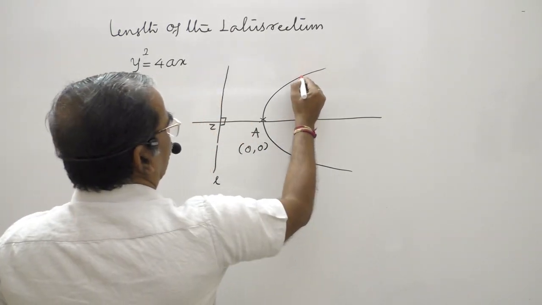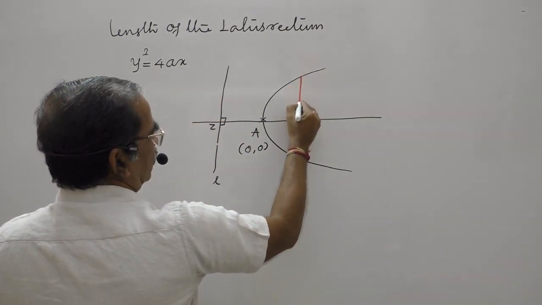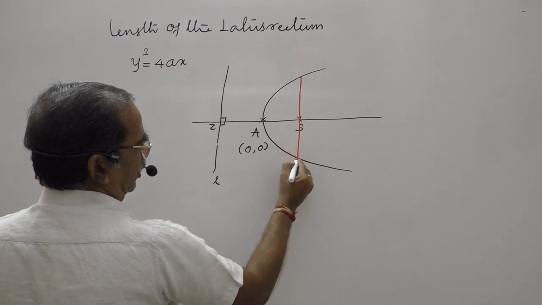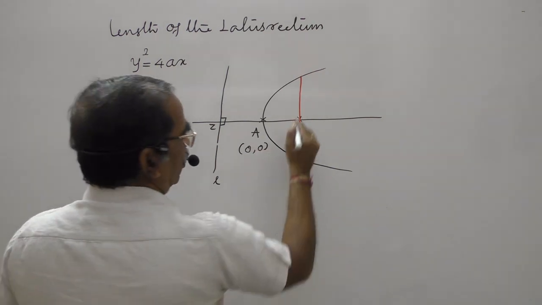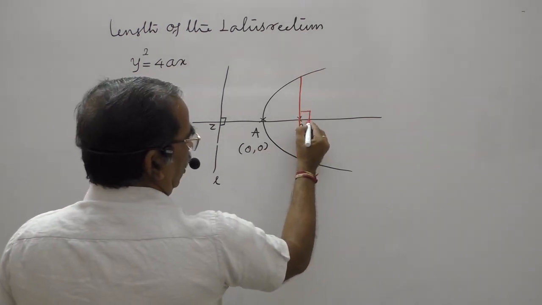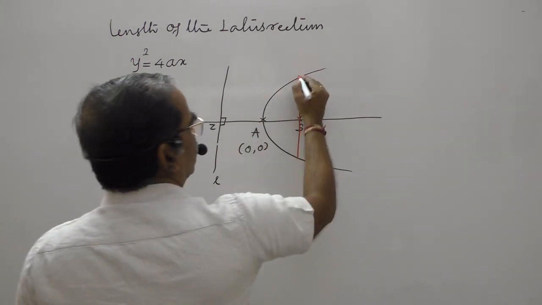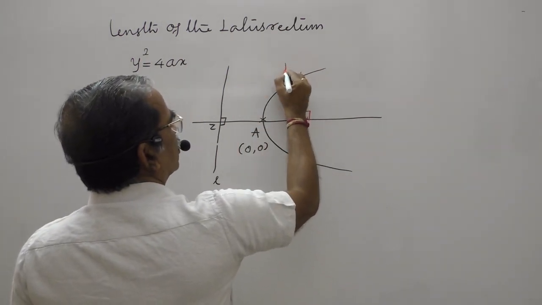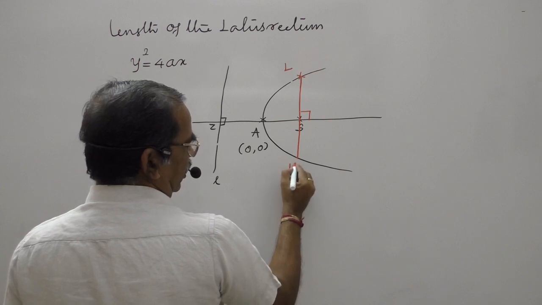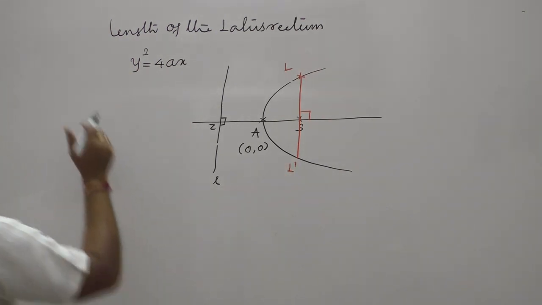A focal chord perpendicular to axis. This line is the latus rectum. What is latus rectum? Focal chord perpendicular to axis. I will suppose L and L dash is the latus rectum.